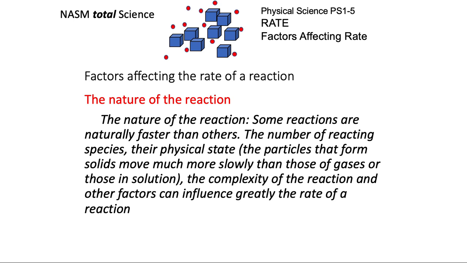And then we looked at something like the nature of a reaction. Some reactions are naturally faster than others, so if you have 3 reactants that need to make an activated complex reaction intermediate, it's going to be harder, so the rate will be lower than if 2 particles have to collide and react together.